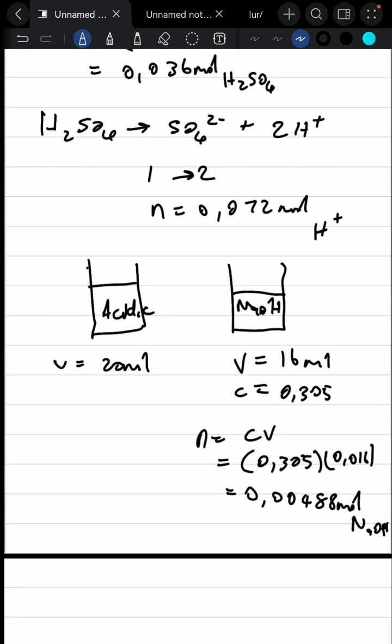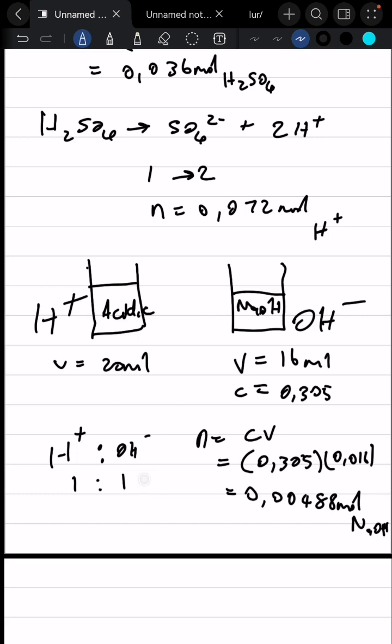So guys, the only thing that is important in the question is the hydronium ions and hydroxide ions. They will completely neutralize each other. Their ratio, H plus and sodium hydroxide, is going to be a 1-to-1 ratio.